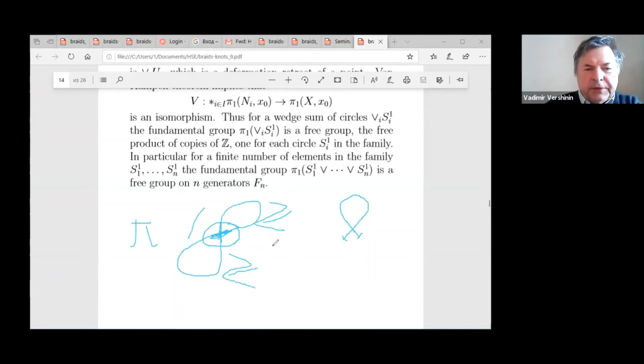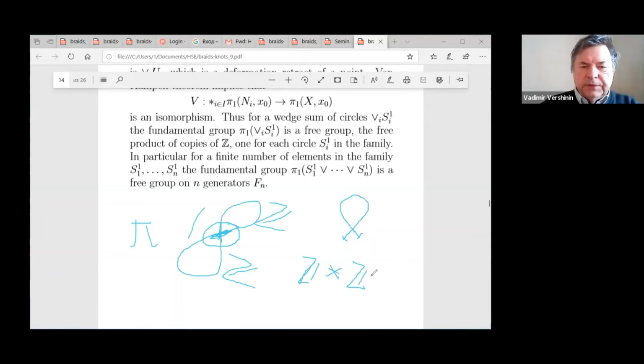Anyway, the Seifert-Van Kampen theorem gives us the possibility to say that it will be the free product of two infinite cyclic groups.